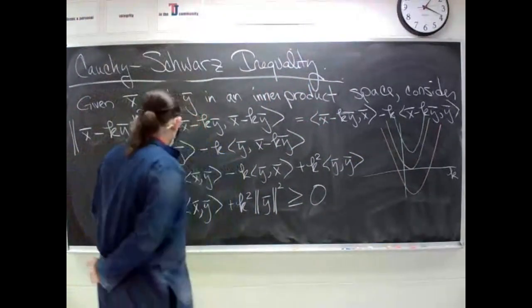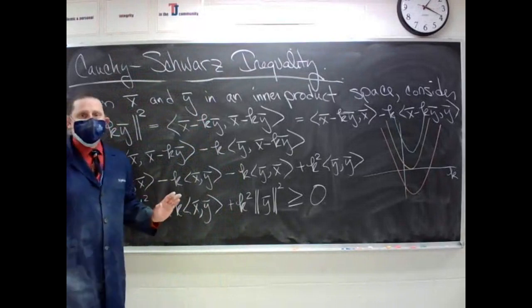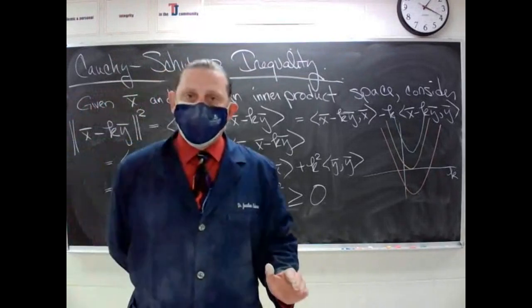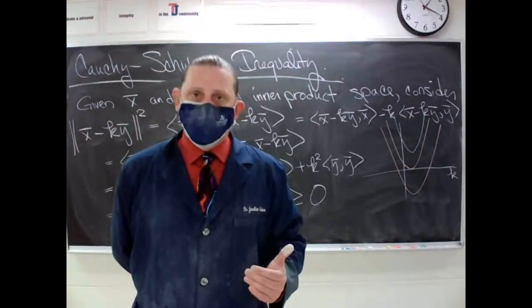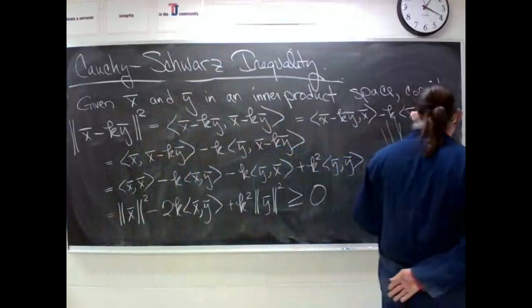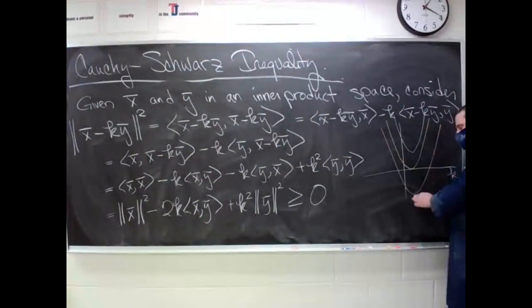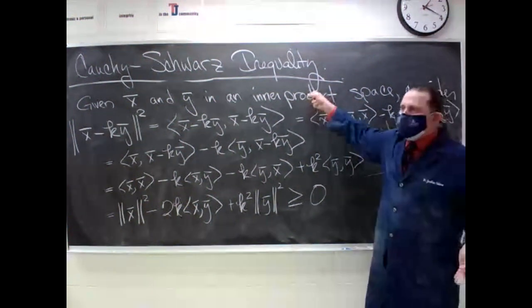Now, this always has to be greater than or equal to 0 by the definition of an inner product. So red is inappropriate. Red cannot be the case. Because if red was the case, then that would mean that these values of k cause this to be negative. And it can't be negative, because the inner product was an inner product.